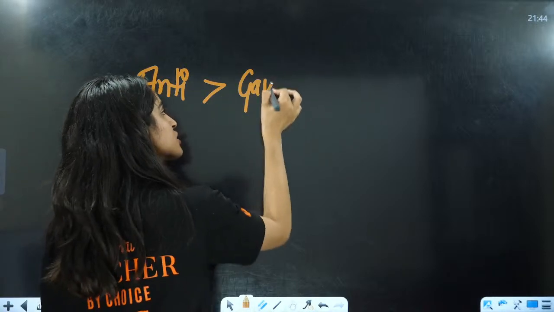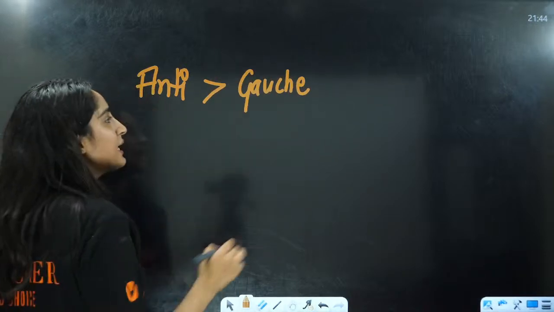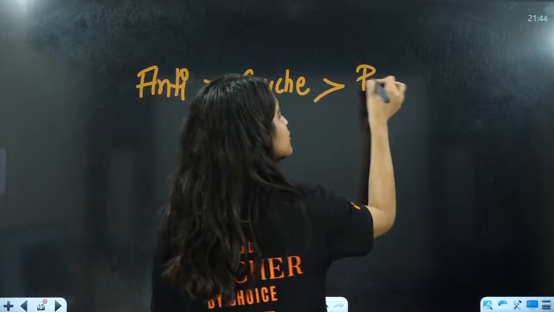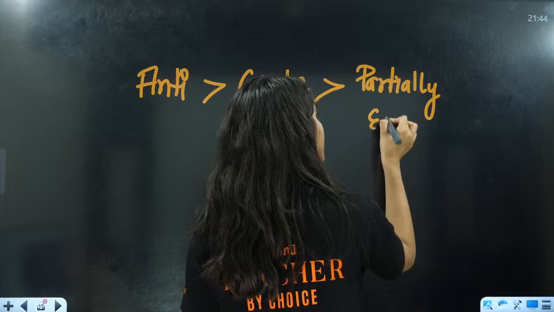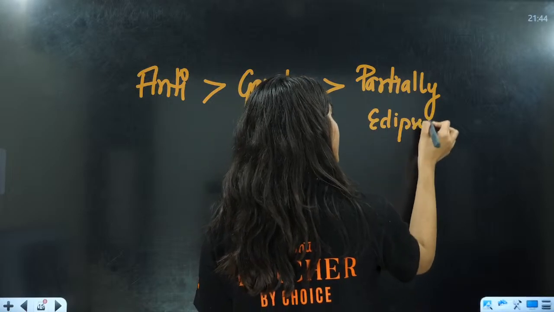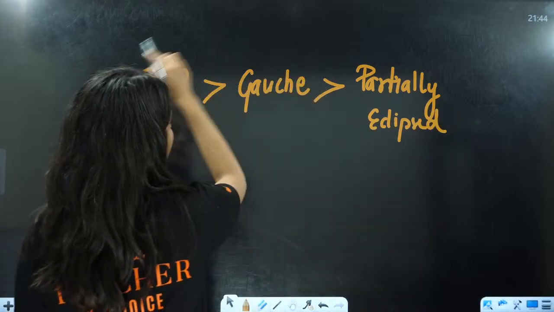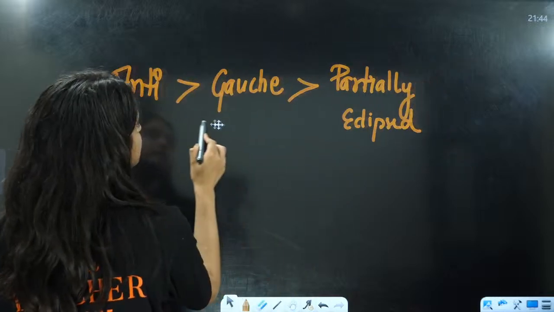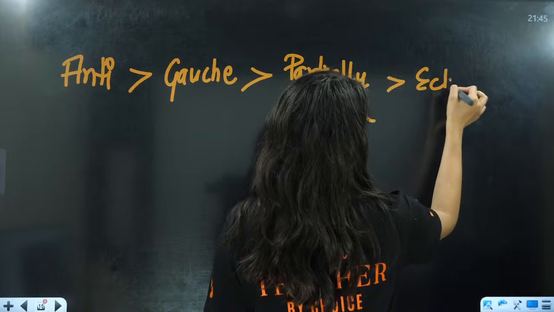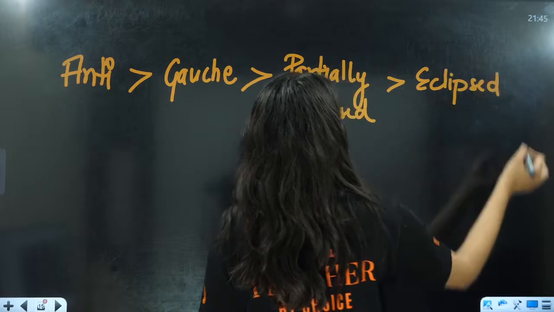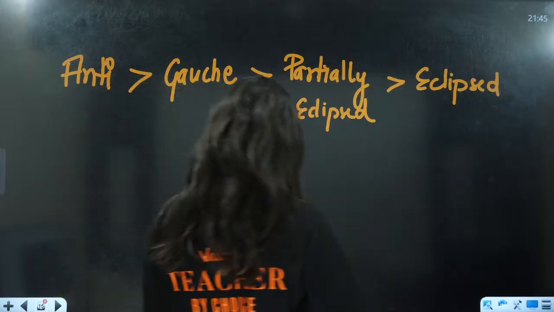Then you have gauche, then you have partially eclipsed, and then the last one that you have is the fully eclipsed or eclipsed structure.